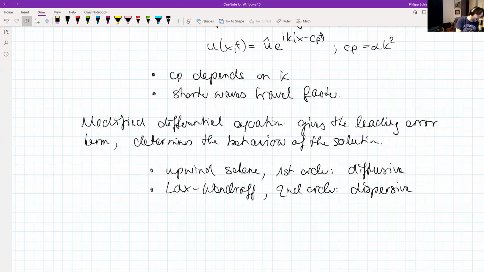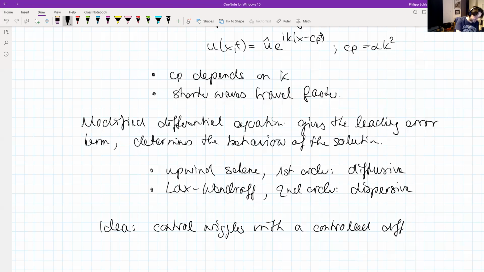So now the idea would be to control wiggles with a controlled diffusion at those places where it is needed.